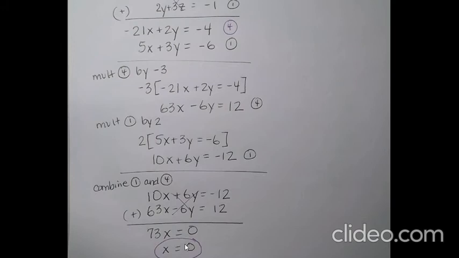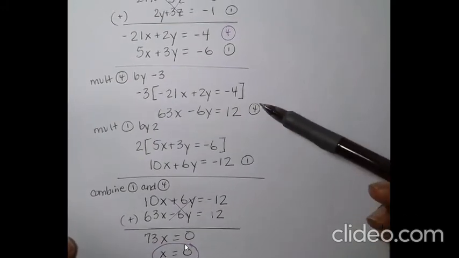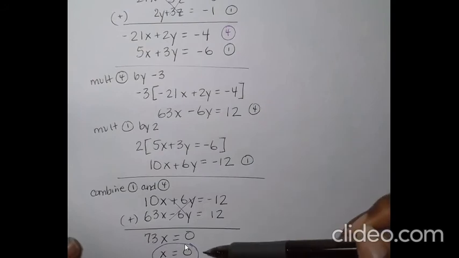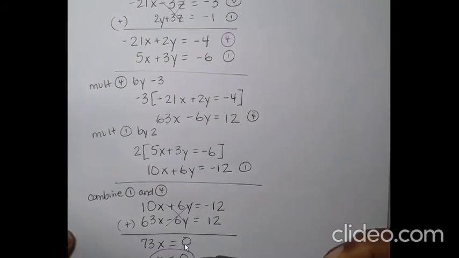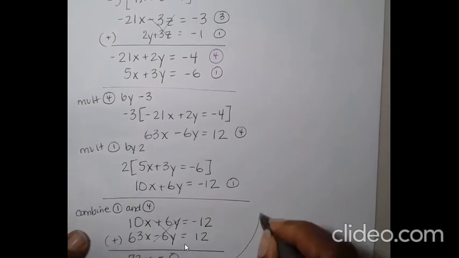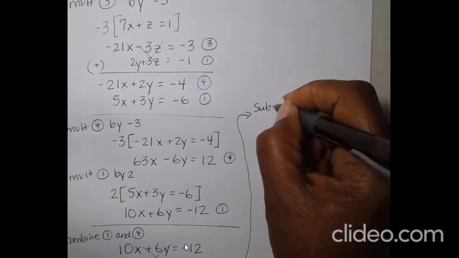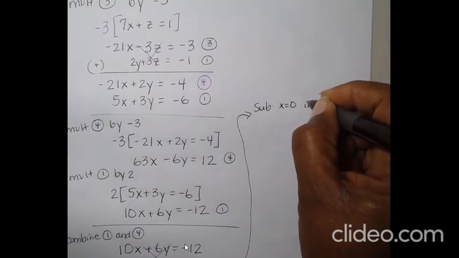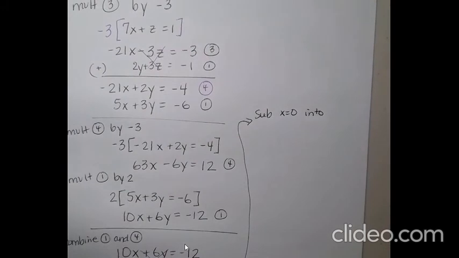Let's substitute our x equals 0 back into equation 1 or 4. I like equation 1 because that way we haven't made any mistakes there. Well, it depends. Let's substitute into equation 1. I'm going to work back up here, going back so I have some more room. Substitute x equals 0 into equation, let's go with equation 3.